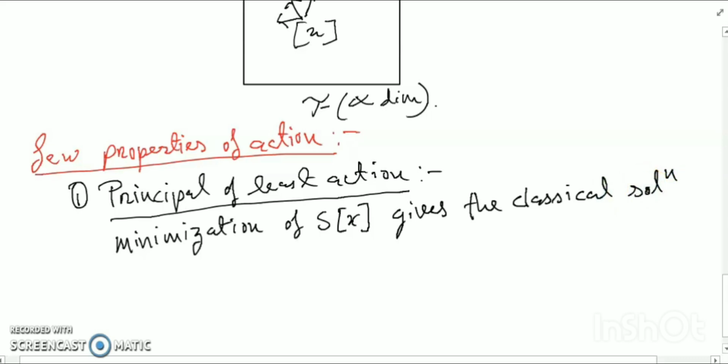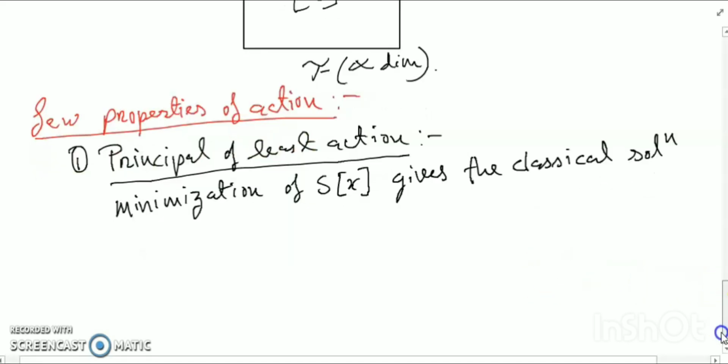And of course, when you extremize or minimize the action, that gives one or a few paths, because S[x] generates canonical transformations. This is a very important topic.